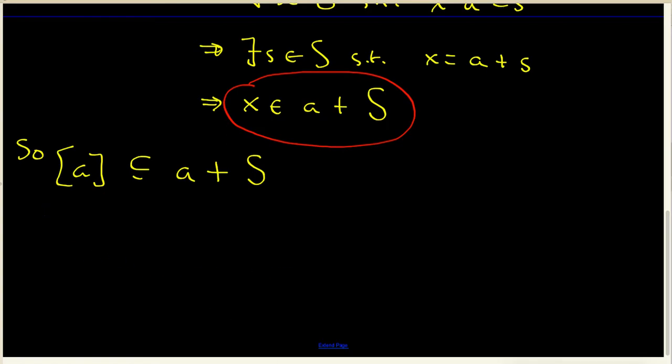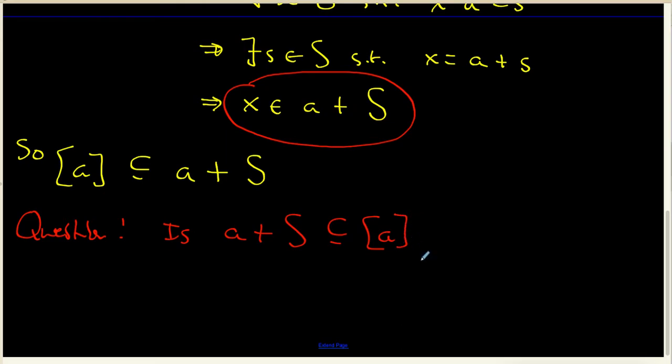Well, that raises the question, is this coset a subset of the equivalence class? Because if I can show this particular inclusion is true, then these two sets are actually equal to each other.